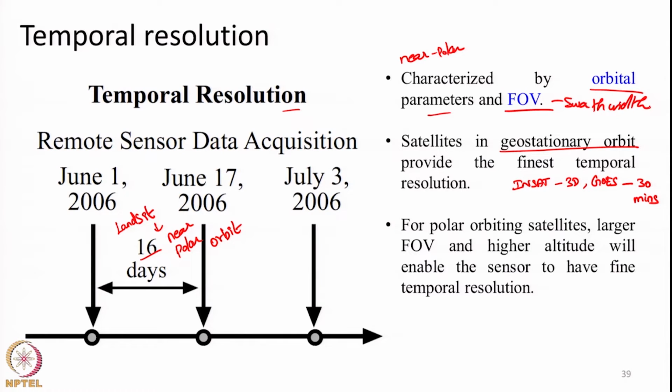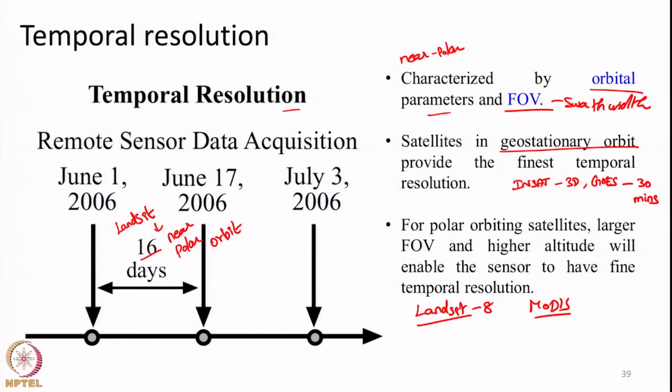How do these things define it? Let us take 2 examples, one is Landsat, another is MODIS. Both of them are at pretty similar orbital heights, around 700 kilometers above the earth; I will take Landsat 8 here. But for Landsat 8 or previous Landsats like 7 or 5, the swath width is roughly around 185 kilometers.